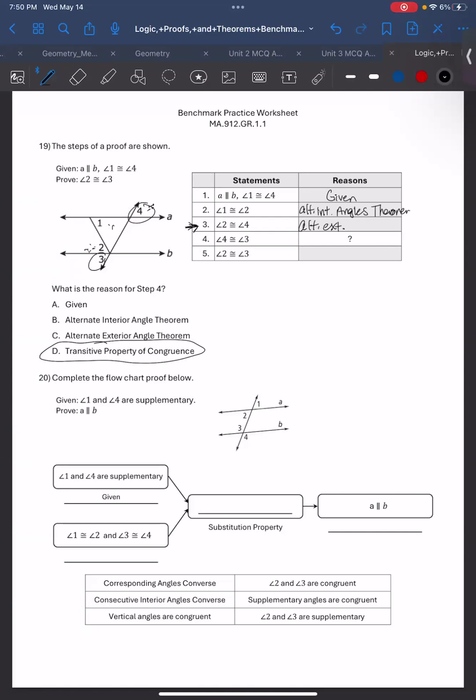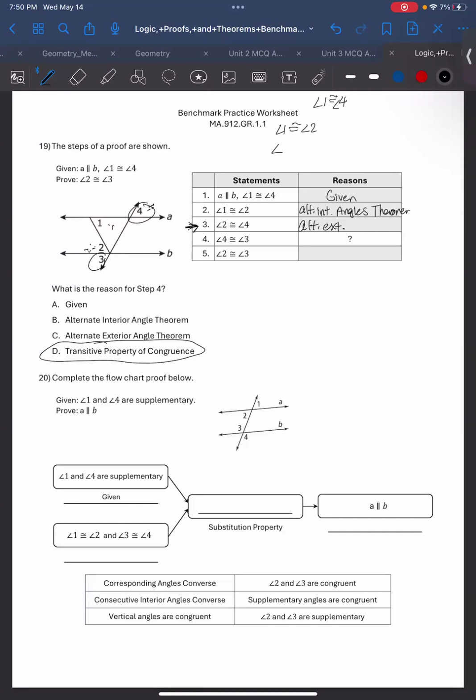That's why, right? So if 1 is congruent to 2, and well, I start off 1 is congruent to 4. Let's start with that one first. 1 is congruent to 4, and 1 is congruent to 2, and then what have we got?